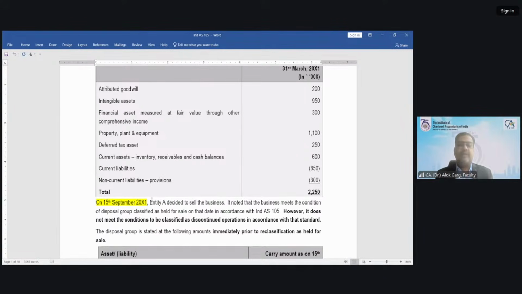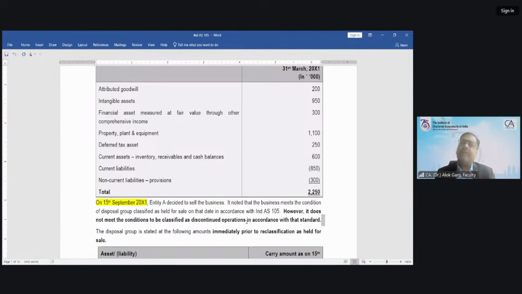However, it does not meet the condition to be classified as discontinued operation in accordance with that standard. So this question has clarified that, of course, it is a disposal group classified as held for sale, but it is not a discontinued operation.